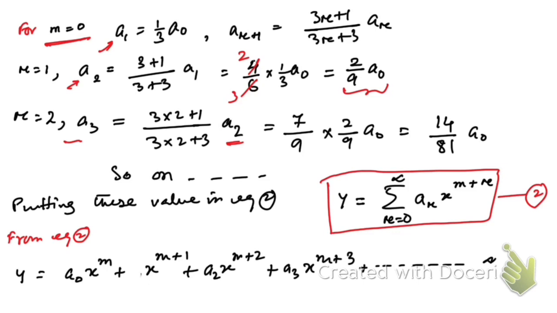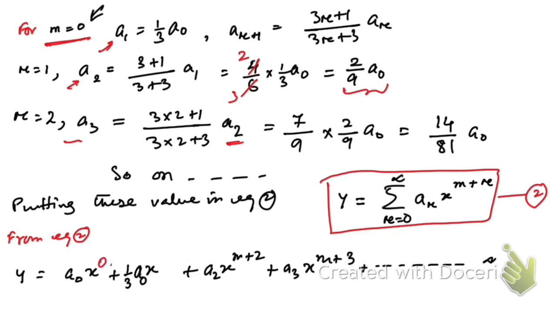Then a1, what is a1 here? a1 is 1 by 3 a naught. So let's put here 1 by 3 a naught. So it's going to be 1 by 3 a naught, right? Then m is equal to 0 here, so that's why here it's going to be 0.